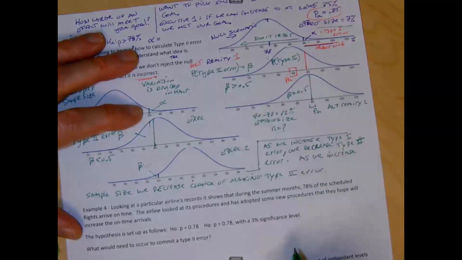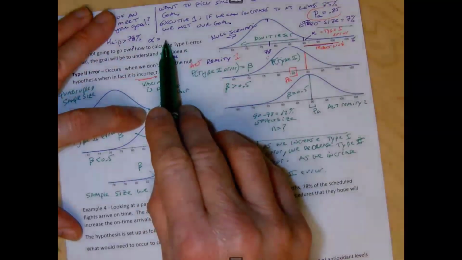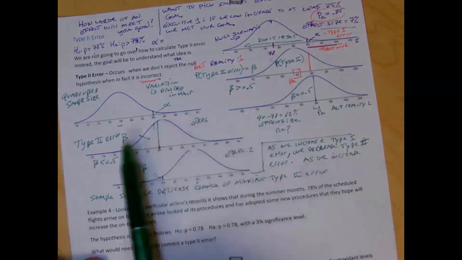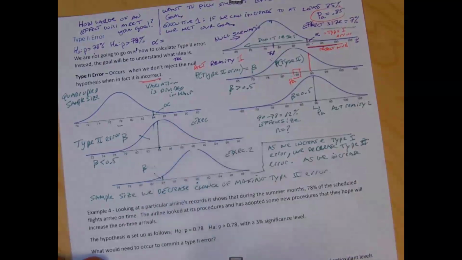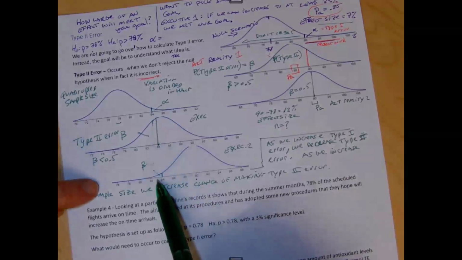Notice it doesn't quite do anything for type 1 because we set that. This is kind of a weird thing, but this is just something we set. And here's the last piece I want to leave with you. Why do we care about setting type 1 or type 2? Because if we set this so this is very low, the chance of committing a type 2 error is very low.